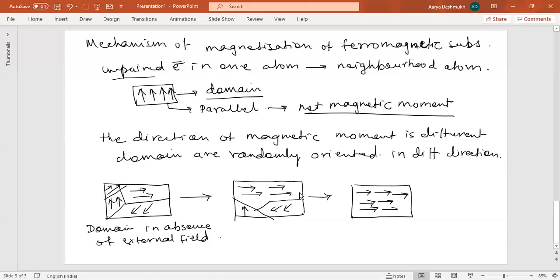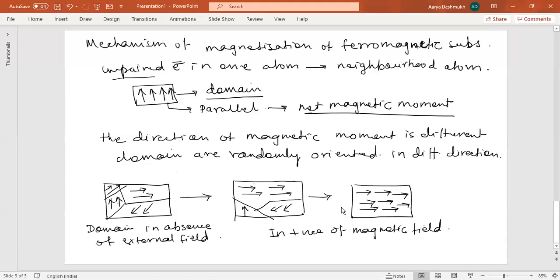So these electrons which were oriented in different directions, in different domains, in presence of a magnetic field, they align themselves in a particular direction. Okay. Now, when an external magnetic field is applied, the domains in which the magnetic moments are parallel to the external field expand at the expense of the remaining domains, and all the magnetic moments align themselves in the direction of the external magnetic field.